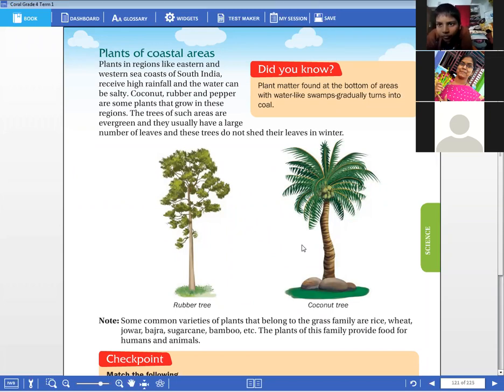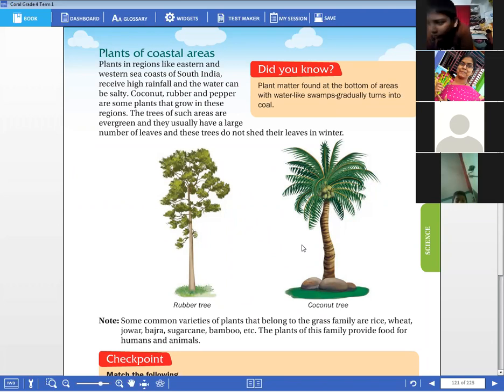Like Vishakhapatnam, our Sai Swaroop is residing in Vishakhapatnam. It is one of the coastal areas. Yes or no? They have the beaches there. But coming to Nandyal, this is not a coastal area. We don't have any beaches here, so no seashore is there. The area which is near the seashore is called a coastal area.